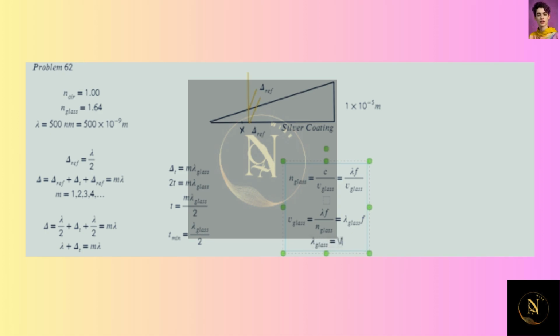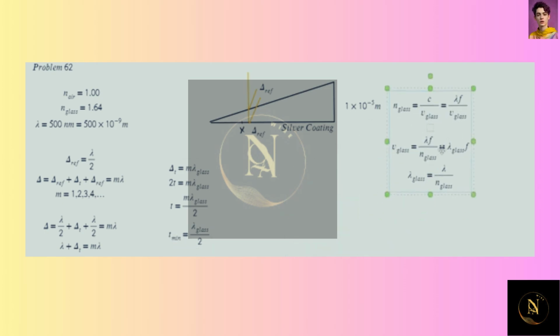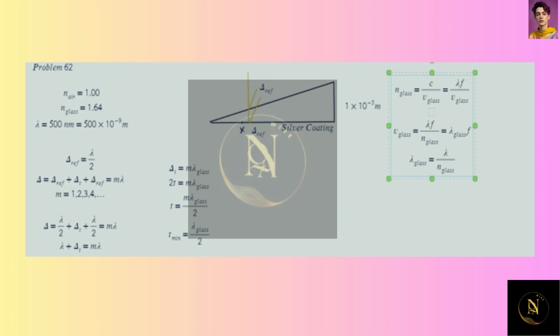Lambda glass is going to be equal to lambda over n glass. Now I could go ahead and substitute this expression into this one for T min. So this is going to actually be lambda, no subscript, over 2n glass.